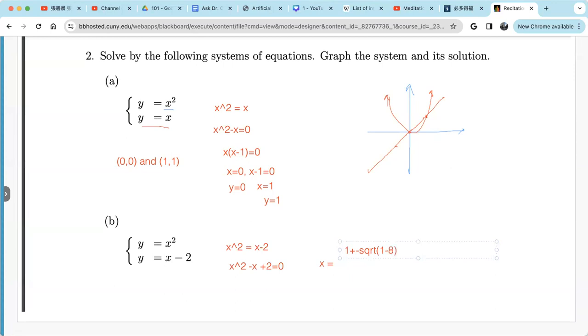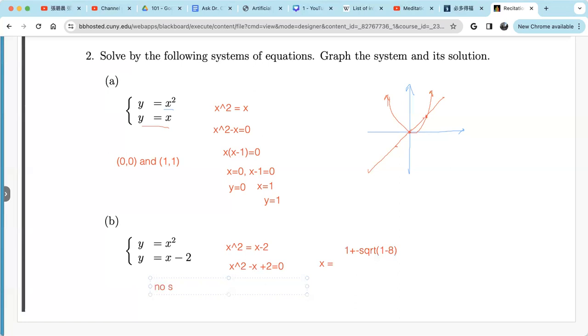You see, we got imaginary numbers. All right, so what does this mean? Because you see, under the square root is a negative number. 1 minus 8 is negative 7. So the square root of negative 7 does not exist in the real number system. So what do we see? We see this system has no solution.